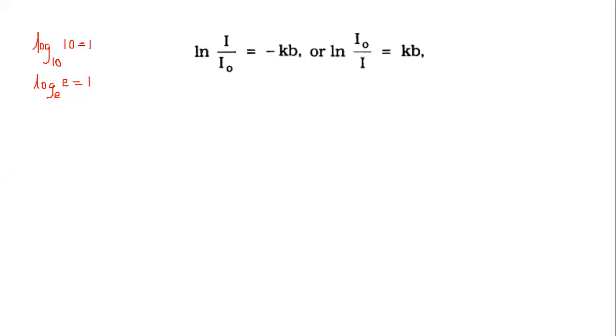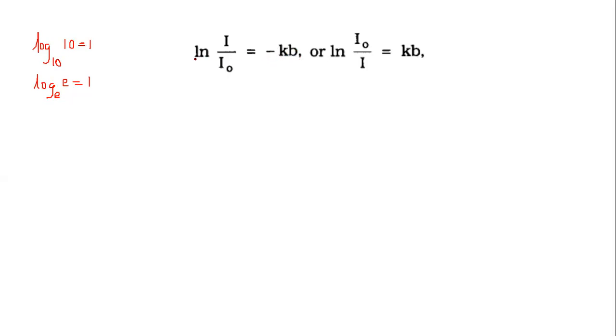So natural log is also written like this, nothing but log to the base e. If you take log of both sides of the previous relation, that was I upon I0 is equal to e raised to minus kb, if you take natural log of both these sides, then log of e will become 1. And anything that goes in the superscript in the logarithmic consideration comes before the log.